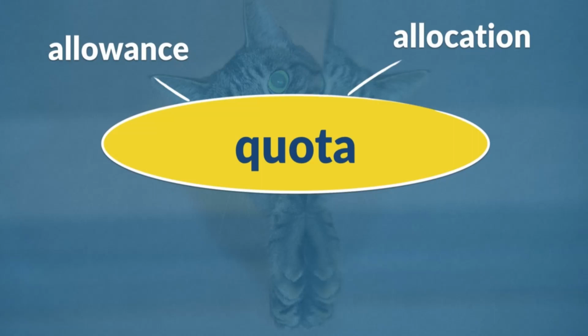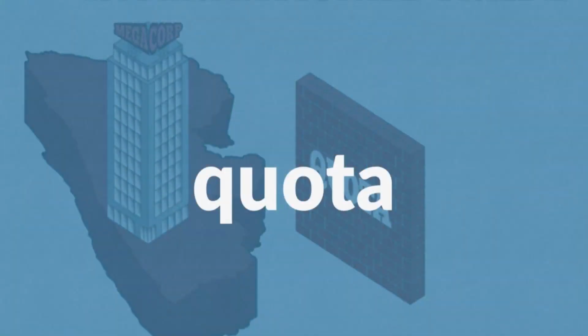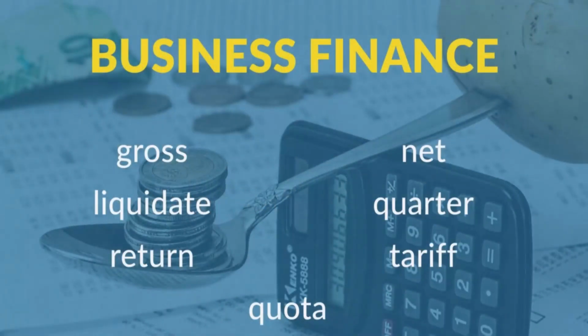But quota is quite a precise noun. Quota. So there are your 7 words for business finance: gross, net, liquidate, quarter, return, tariff, quota.